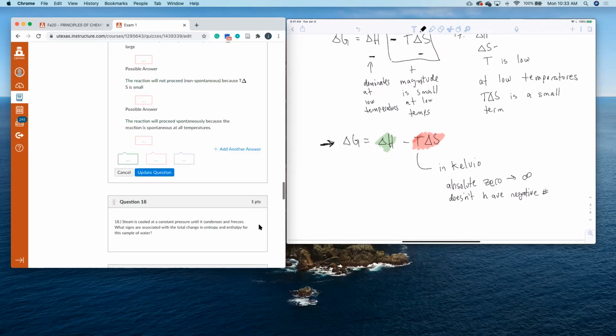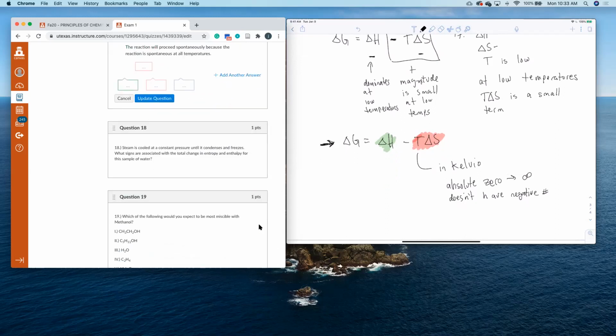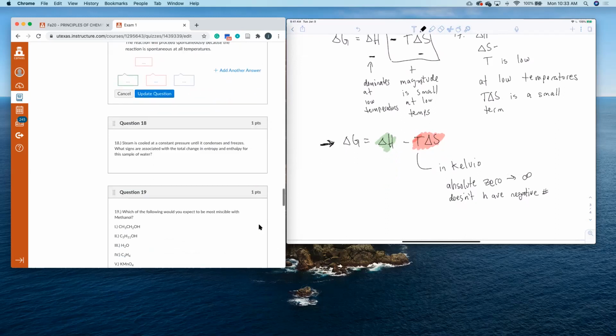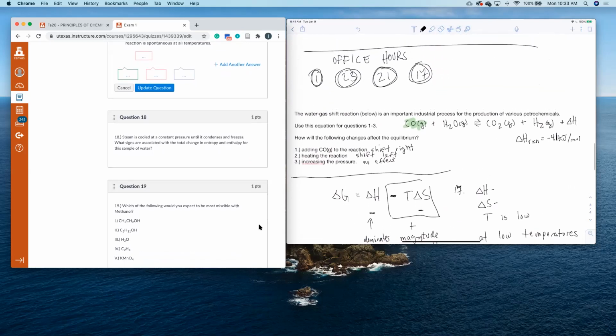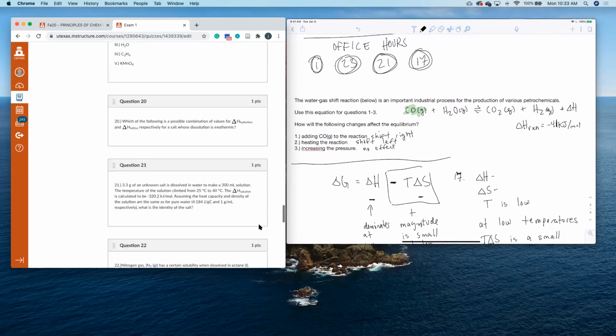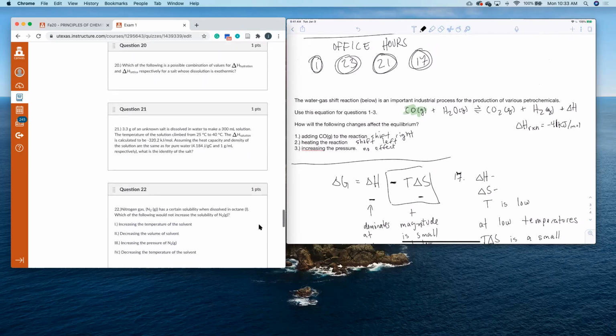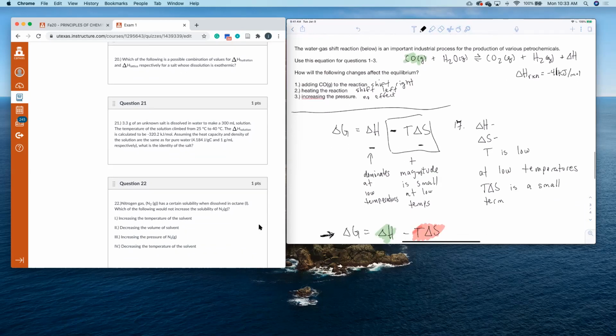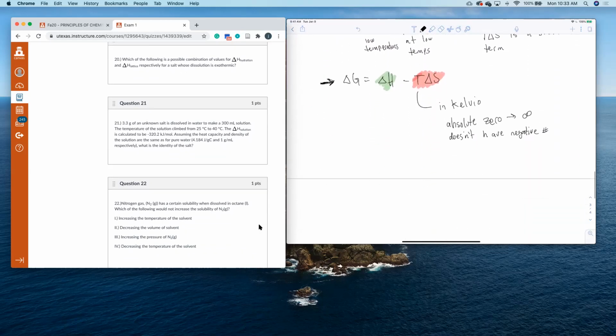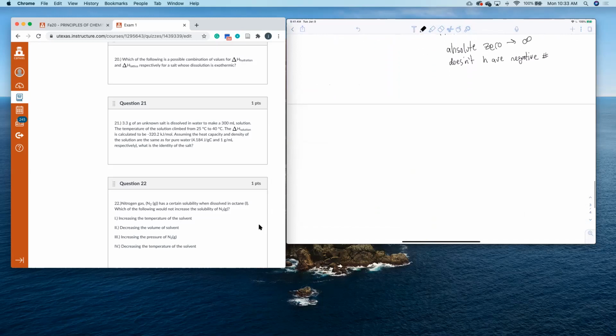Okay, so that's 17. Let me see my other ones we had here. 21. No, this is the unknown salt one you guys were talking about. Yeah, this is a reasonably hard question.